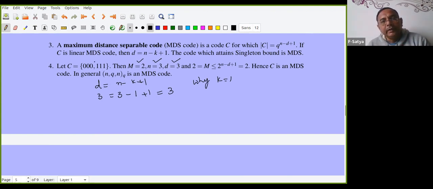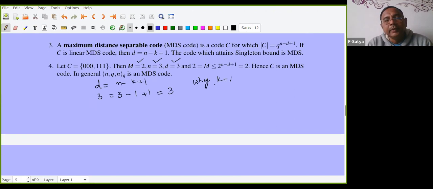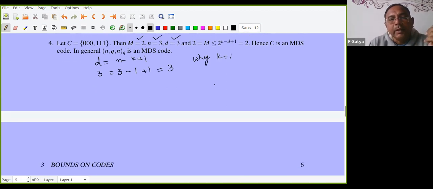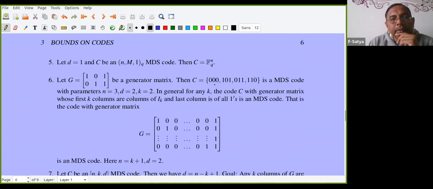Okay, anyhow. Something you are angry with me about, people, that's why you are not responding. But I'll try to correct it if there is a problem. Okay, k equals 1 because this 1, 1, 1 vector is a linear space of dimension 1.